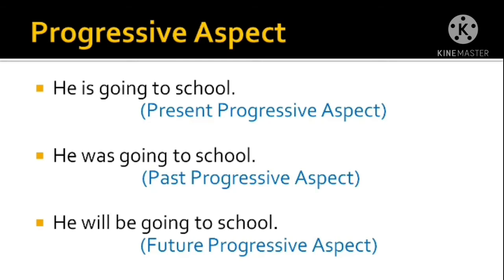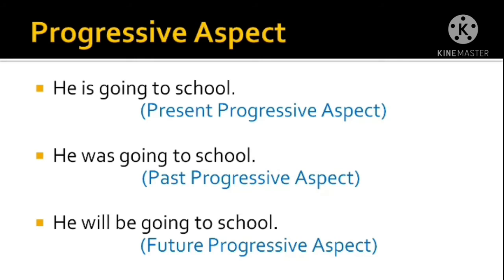Because you studied in your school present continuous tense, past continuous tense, future continuous tense. These are the terms that you have used in your school. But I am slightly making a change there, and instead of using the word continuous tense, I am using the word progressive aspect.